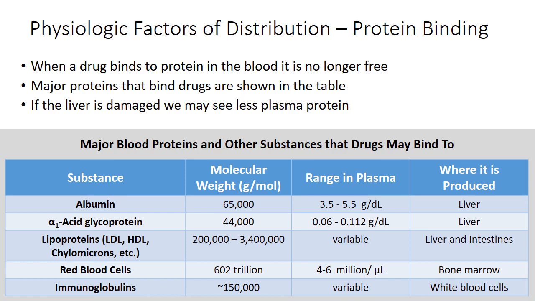The next thing that's absolutely critical to understand is that if the liver is damaged enough, we will see a decline in these proteins because they're synthesized in the liver. So if your liver is damaged and these proteins drop in the plasma, the next question is, what does that do to any drugs that bind to these proteins? The answer is, if there's less protein available, then there's less drug bound.